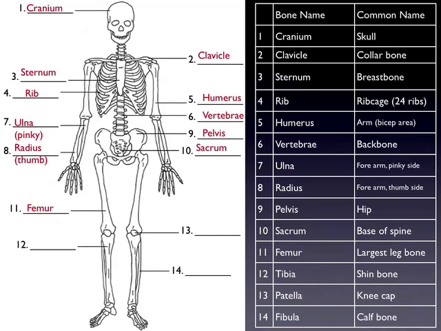In the lower leg, in the shin area, we have two bones. The front one, the thicker shin bone, is the tibia. Fractures of the tibia and fibula are somewhat common, especially in soccer.